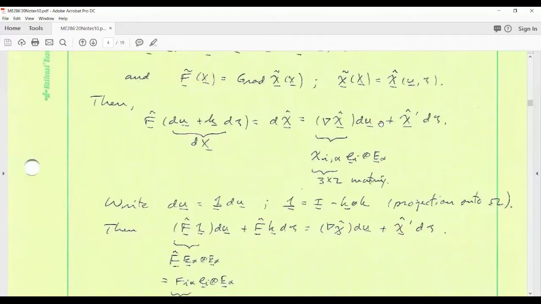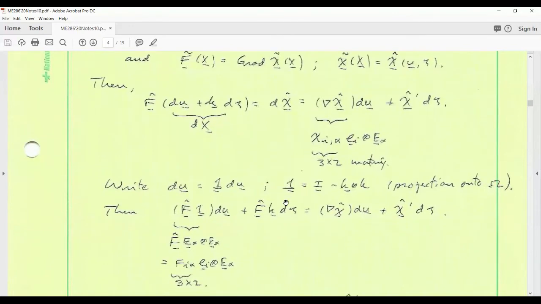So I'd like to compare both sides of this equation and read off an expression for f. Let's notice that du, that's just a change of u in the plane. I can write that as a projection times itself. So this thing 1 here is not the shifter anymore. I'm going to appropriate that notation now for something else, which is the projection operator onto the midplane.